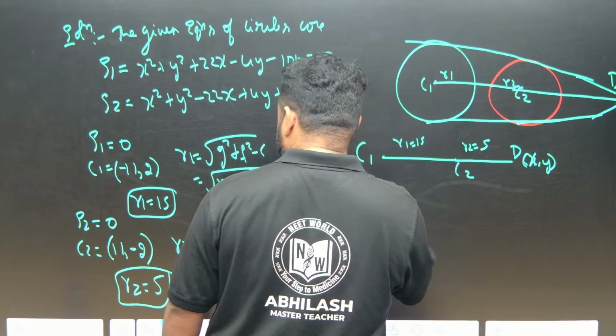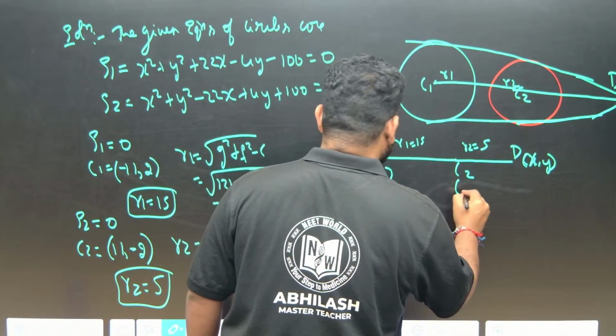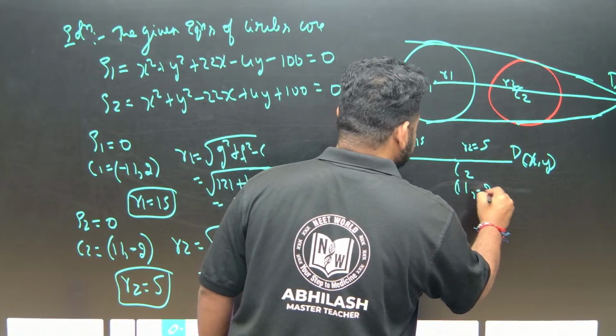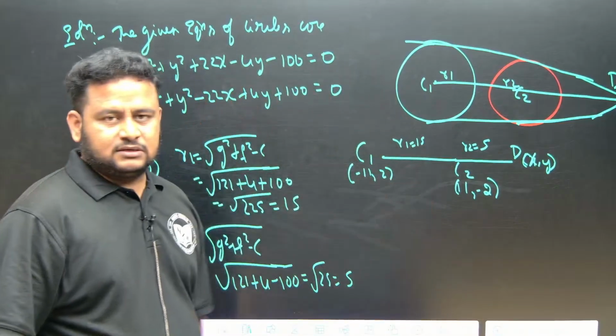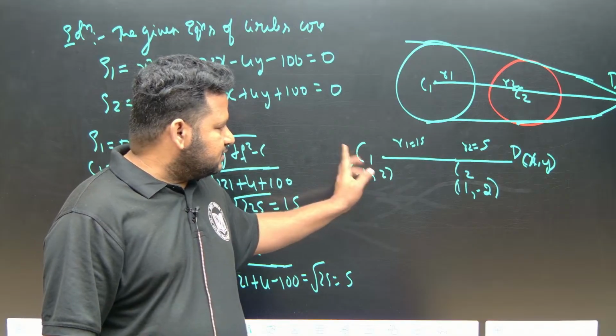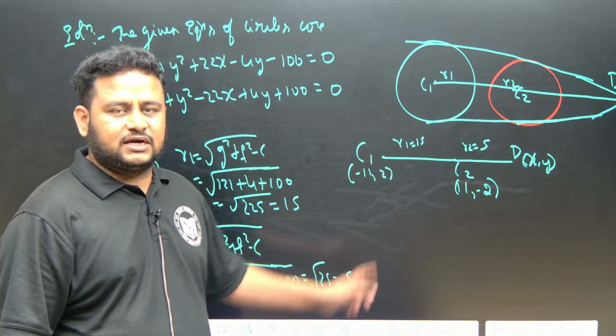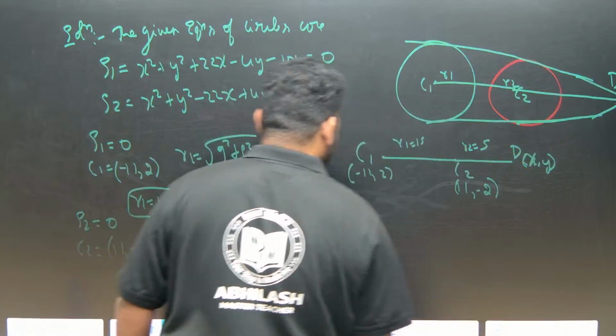The center C1 is minus 11 comma 2, and C2 is 11 comma minus 2. Now this point D will divide C1 C2 externally in the ratio r1 is to r2.